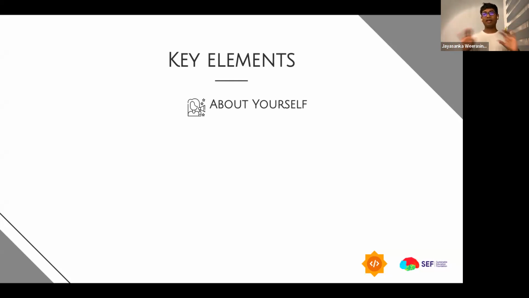Add those relevant details, because as a mentor or as an organization, we want to know who you are, because we need to decide whether you fit into this project and have the relevant skill set we are looking for.